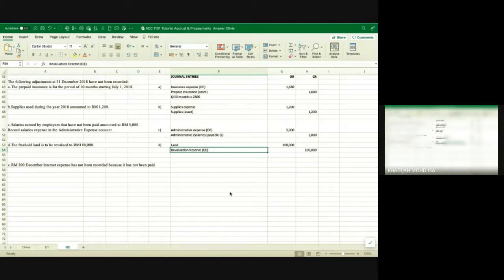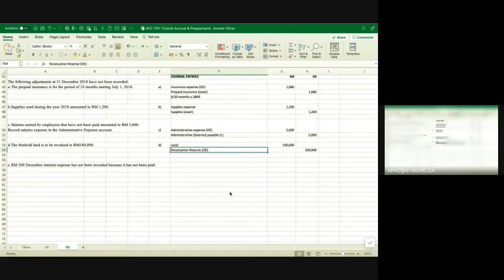So if your asset increased by 100,000, your OE is also now increased by 100,000, because you don't have to pay for it. You don't buy additional land, but it's just that the value of the land increases. So that's why you give revaluation on the land. So how to increase the value of the land? You have to create a revaluation reserve.